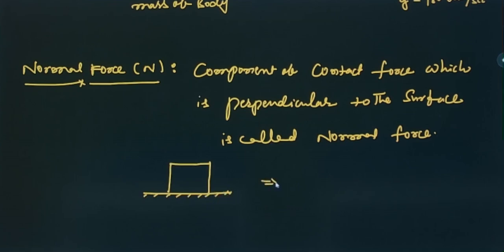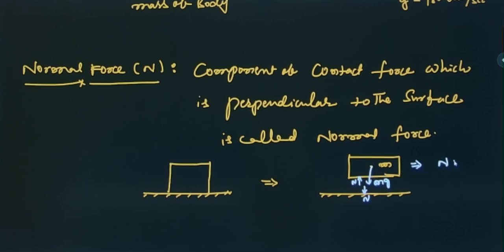If I draw this individually like a free body diagram, the body is here, its mass is m, so its weight is acting downwards, and the normal reaction acted by the ground on the body is N. By the body on the ground is also N. So N is equal to mg.